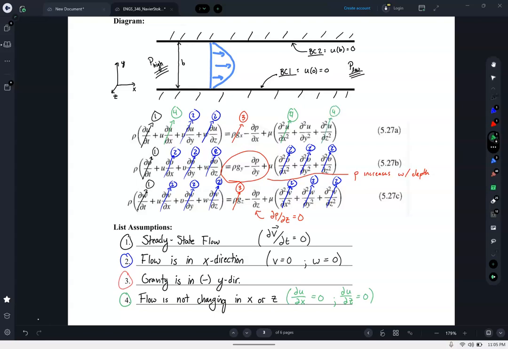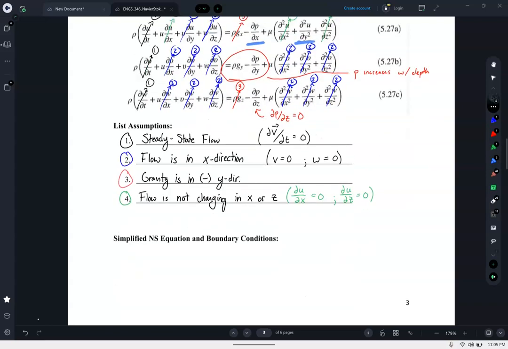This one is also 0. And then that's the end of the simplification piece. So we're left with most of the terms crossed out, but now a simple enough problem that we can actually solve it. The pieces that are remaining are just this piece here and the pressure gradient.